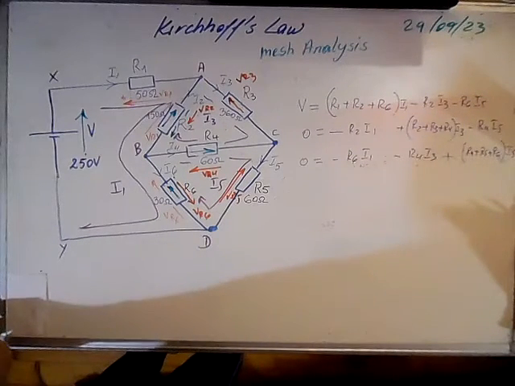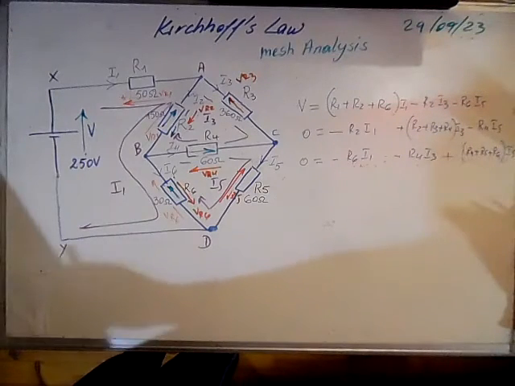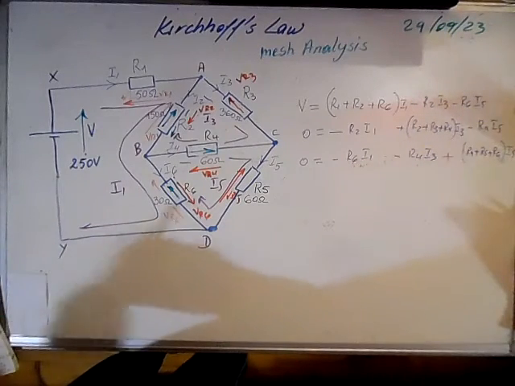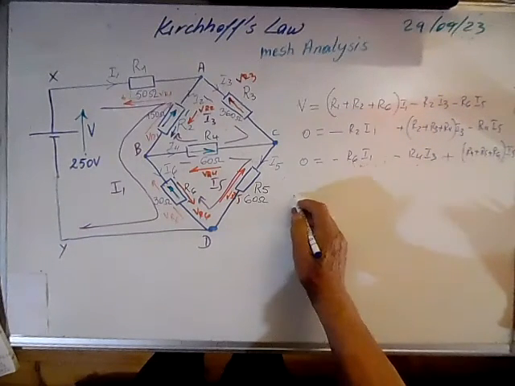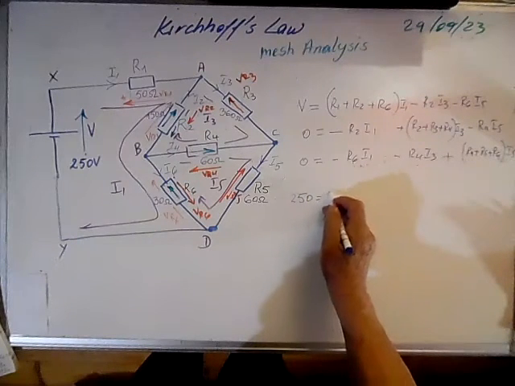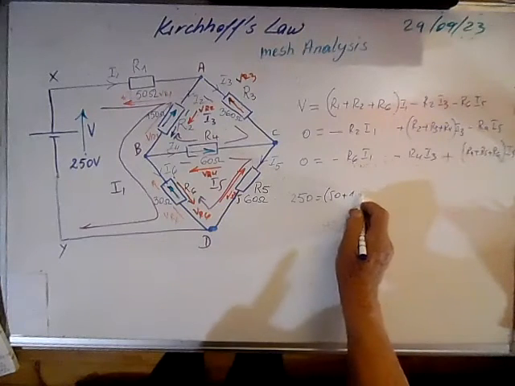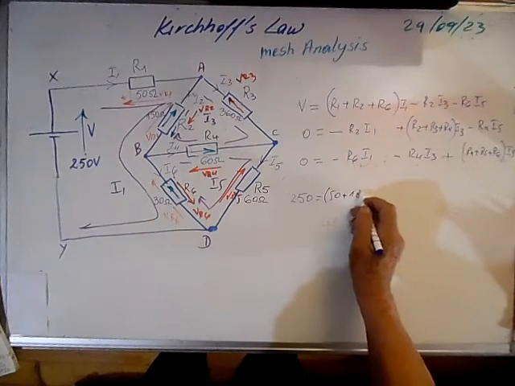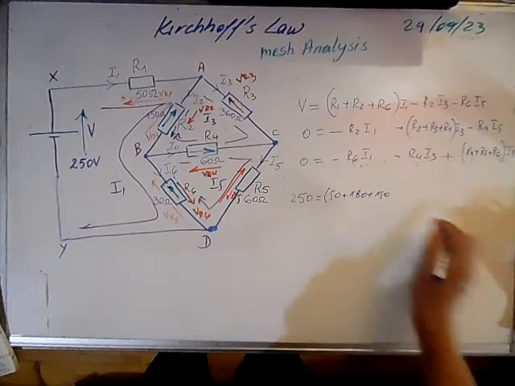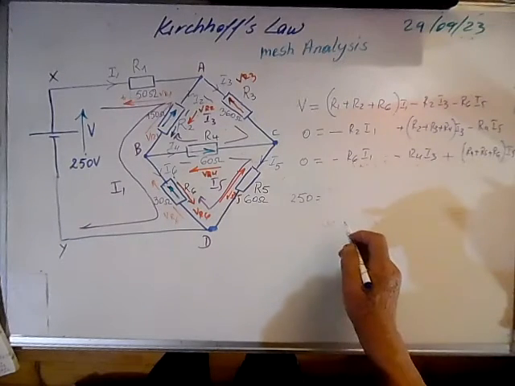Let's write numerically the values of these resistances. We will have 250 is equal to 50 plus 180 plus 150, or I'll give the result here.